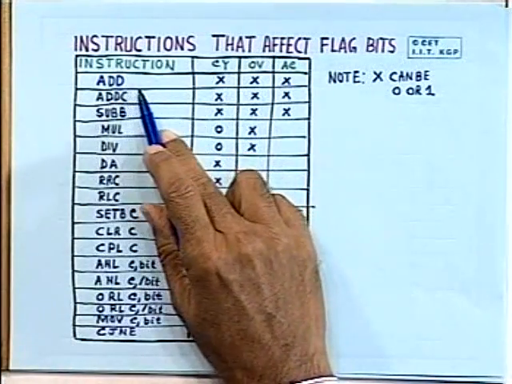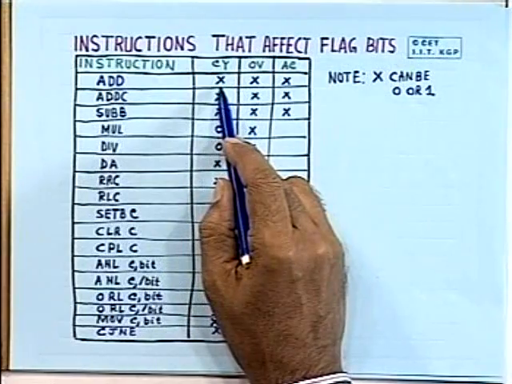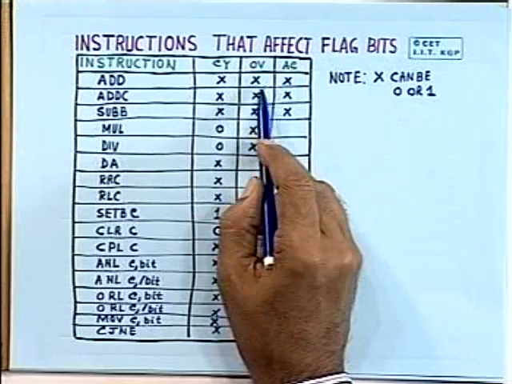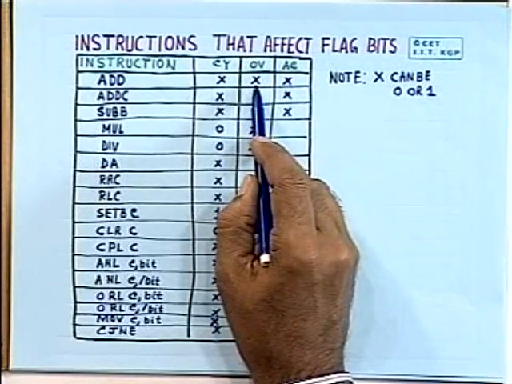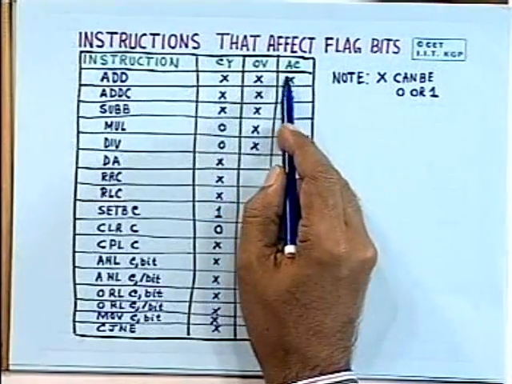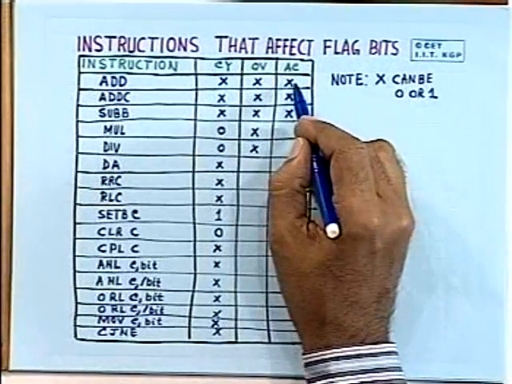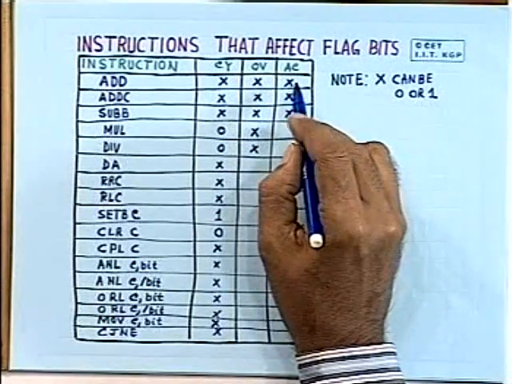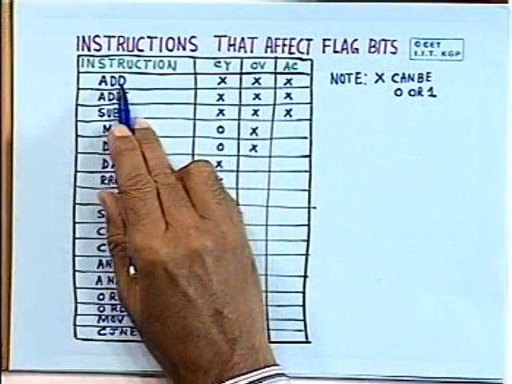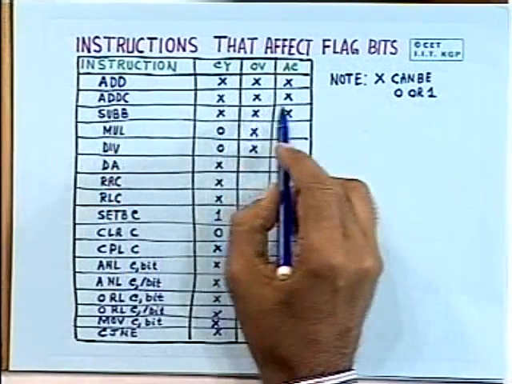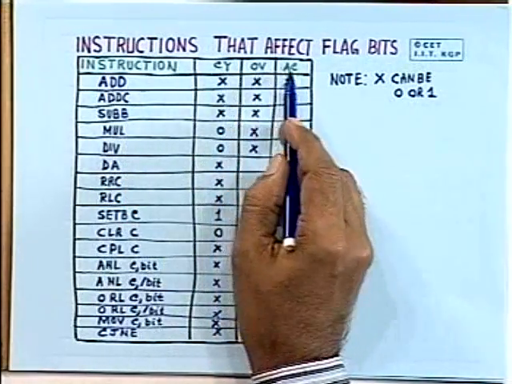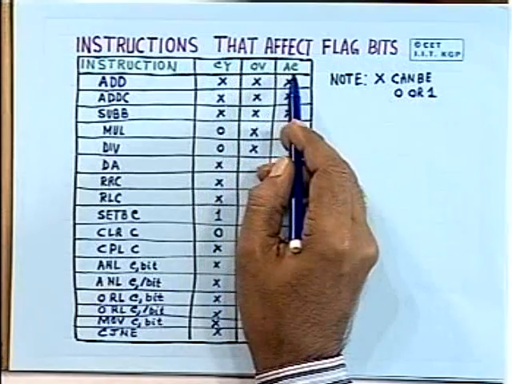For example, when you perform add, the carry flag bit is set or not set depending on whether there is a carry or not. Overflow flag bit is also set or not set. That means the overflow flag bit is affected, the carry flag bit is affected, and the auxiliary carry coming from the 4th bit, D3, is also affected whenever you perform addition, or addition with carry, or subtraction with borrow. In all these 3 cases, these 3 flag bits are affected: carry, overflow, and auxiliary carry.